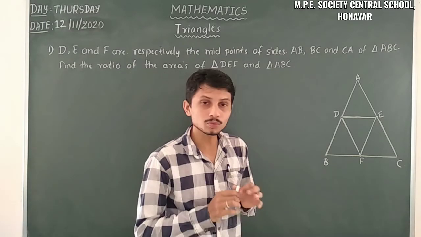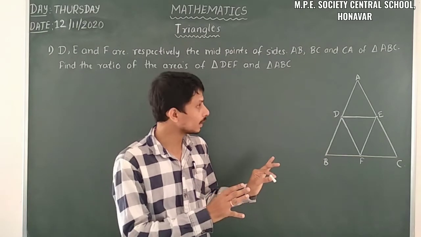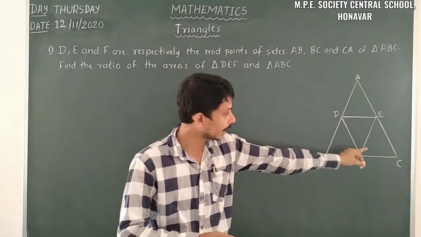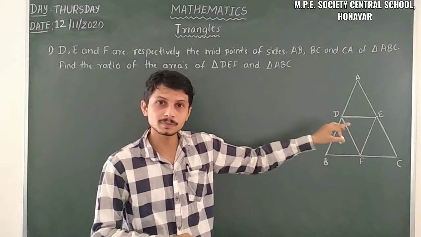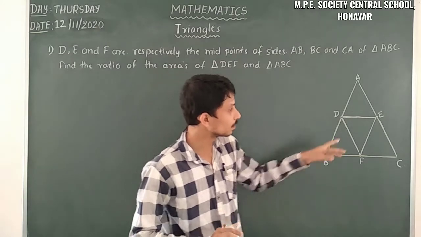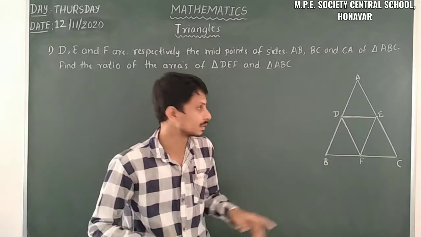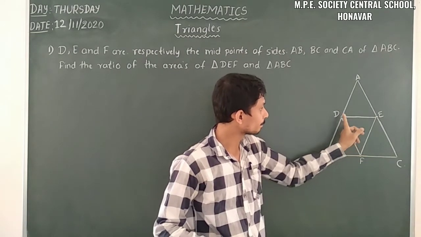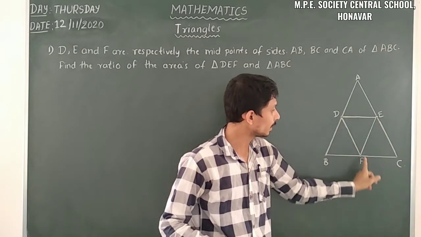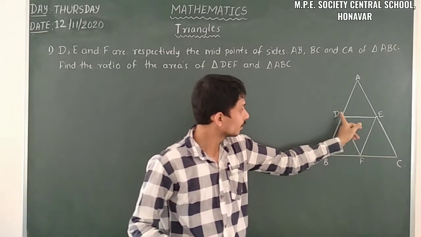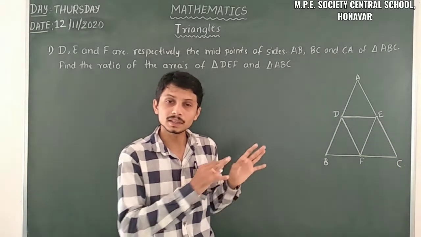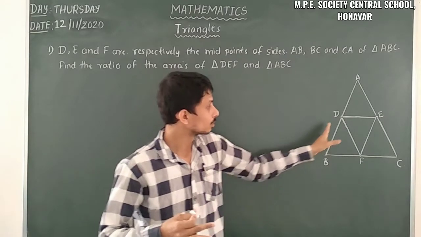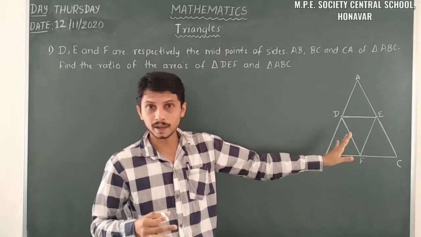Just observe the complete triangle ABC. From triangle DEF, the complete triangle ABC splits into four different triangles. Can you observe here? ADE is there, DFB is there, EFC is there, and DEF is there. So the complete triangle ABC is converted into four different triangles.